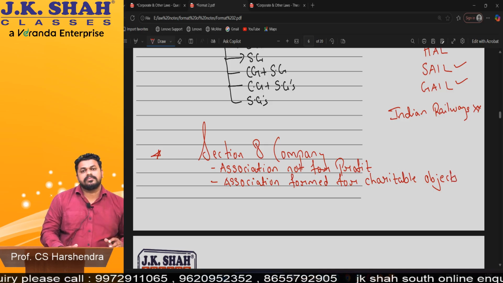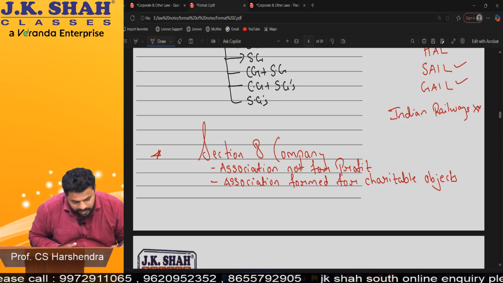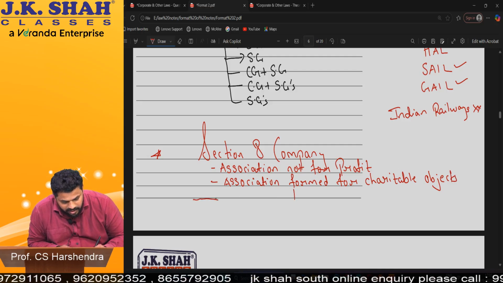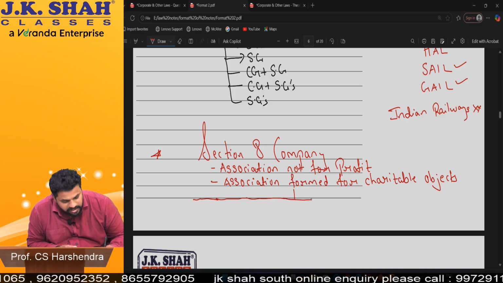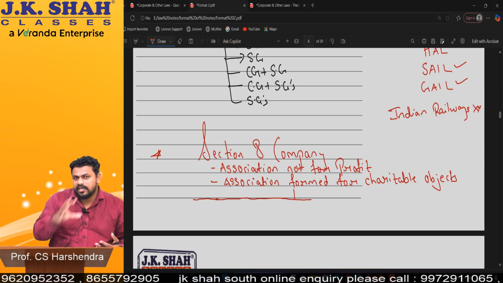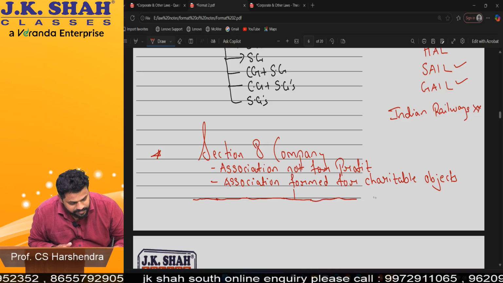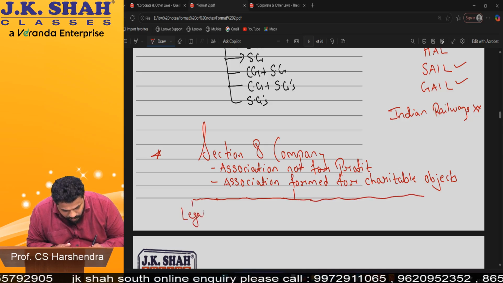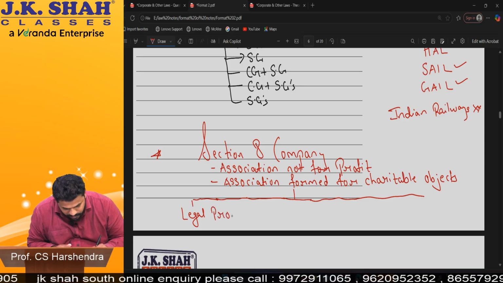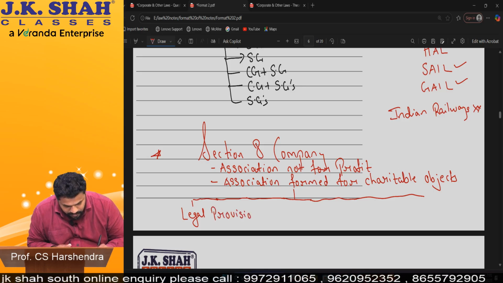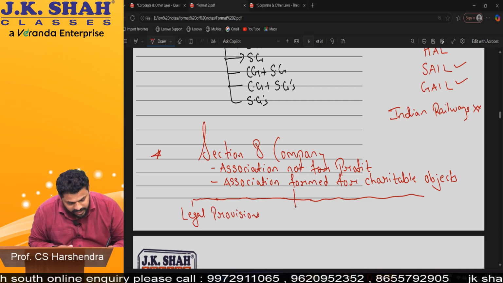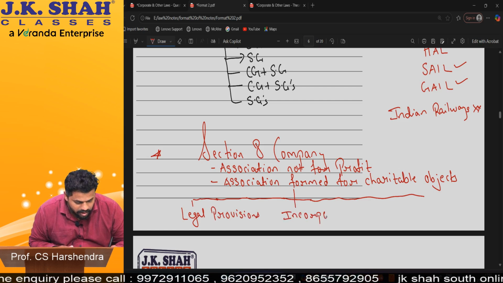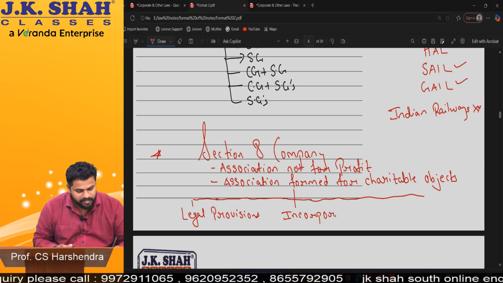Am I clear? Yes. Now understand, this Section 8 company content is divided into three parts. First part is legal provisions. Second part is incorporation: how to incorporate, that is form, a Section 8 company.